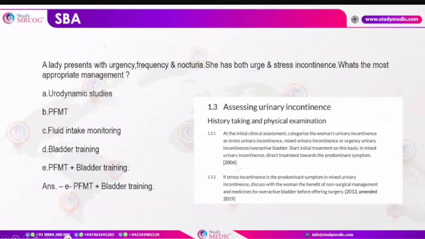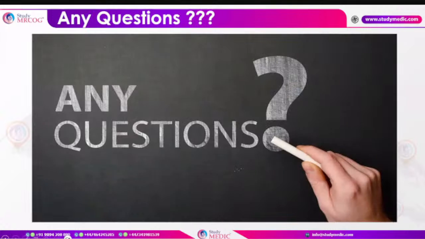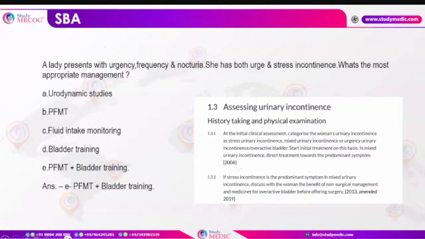Because what they have said in the guideline is that whenever you have women with both these symptoms, you will take a very thorough history and you will start initial treatment on this basis. So whenever you have mixed urinary incontinence, you will direct treatment towards the predominant symptom. Okay.